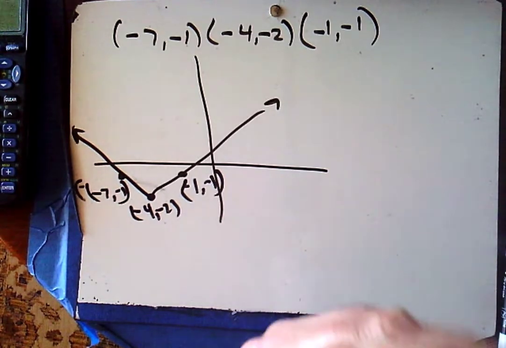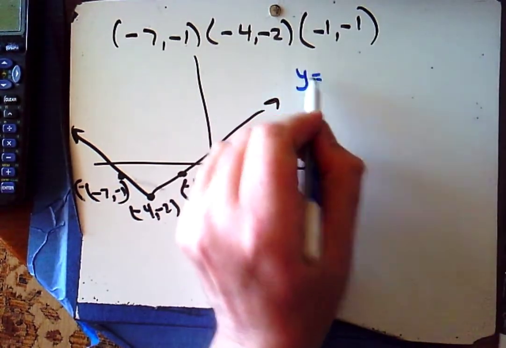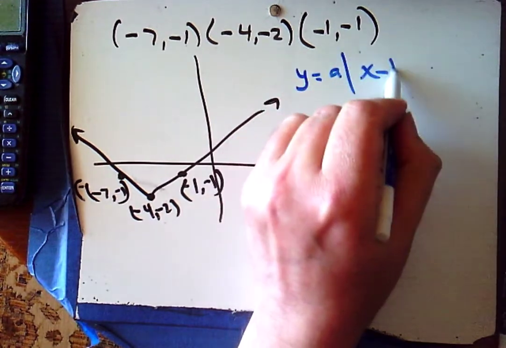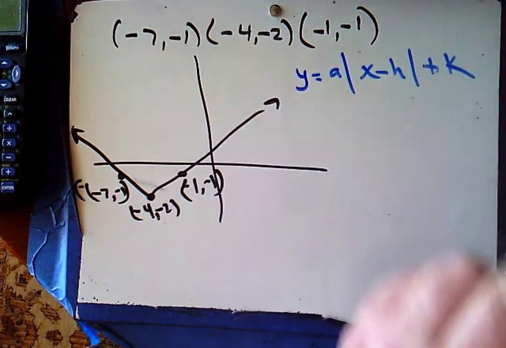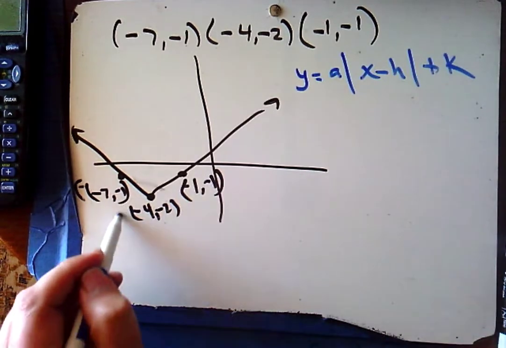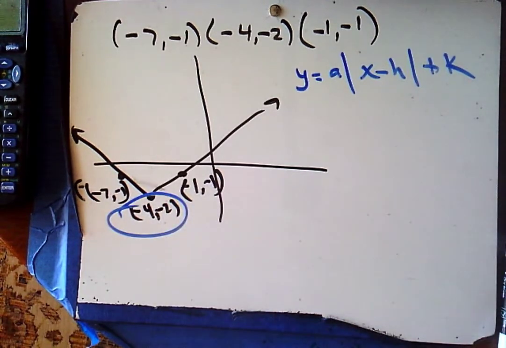Okay, so this one is absolute value. So I write down the general form. I identify the 0 point and plug that in for h and k.